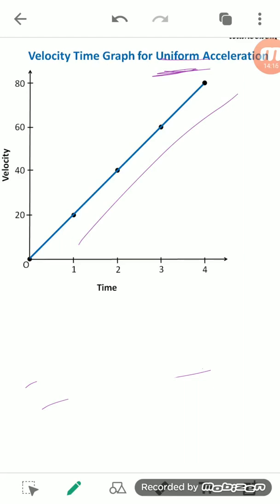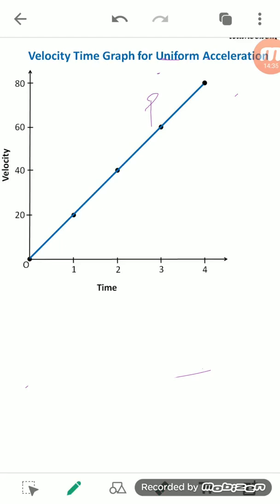So we can write this straight line as OP. This point I am taking as OP.